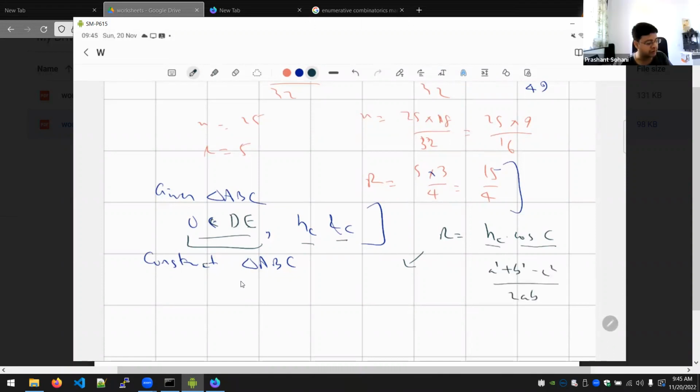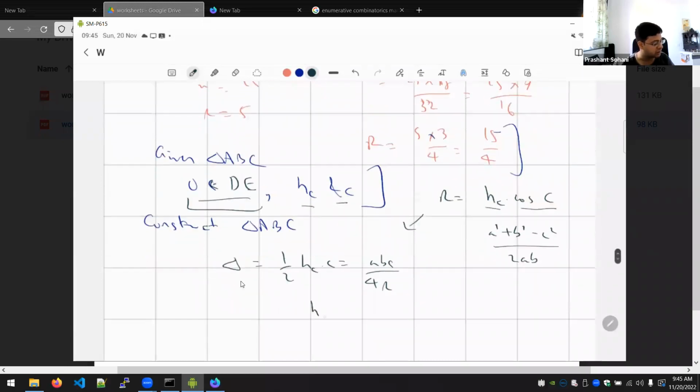Correct. And what about HC? You know, there are multiple formulae for the area of a triangle. The area is of course half into HC into C, but is also equal to ABC by 4R, right? So therefore, you can see that HC is also equal to AB upon 2R. If you use that value over here, what do you get?